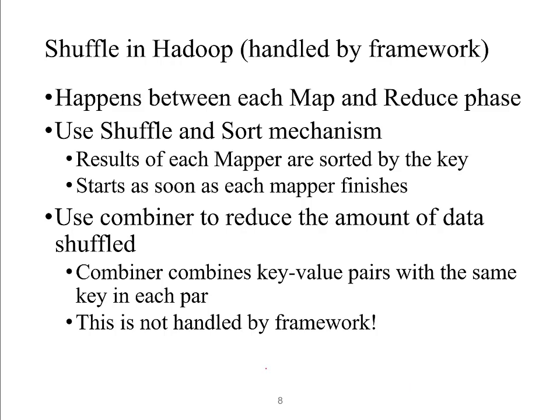We don't need to wait for all the mappers to finish and then send the data. Basically, one mapper finishes and it can then send the data, right? It depends on the settings. The reducers may also start running before all mappers have finished their jobs.